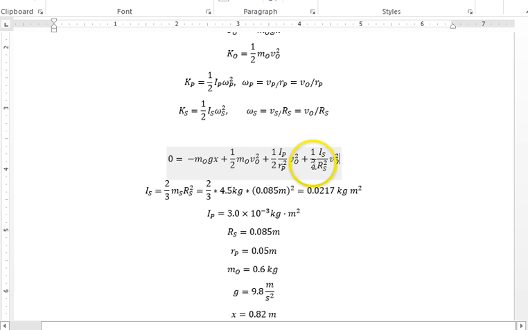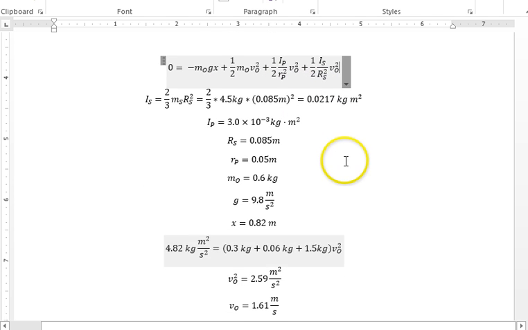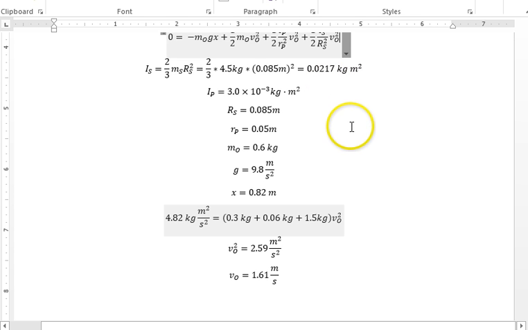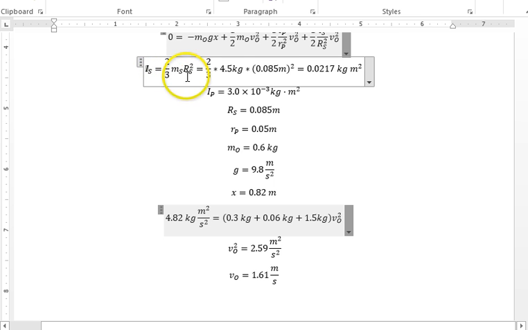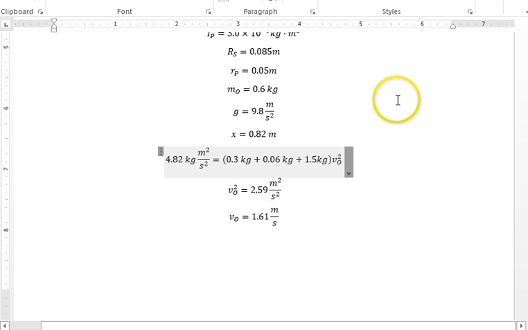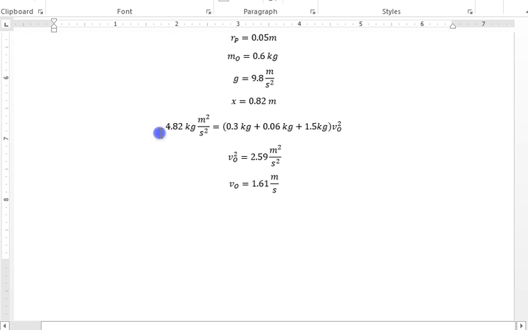We get v naught squared everywhere. We end up with I_S is 2/3 M_S R_S squared, which is 0.0217 kilogram meter squared. Stick all the numbers in, and we end up with 1.61 meters per second. And that's it for problem 66.